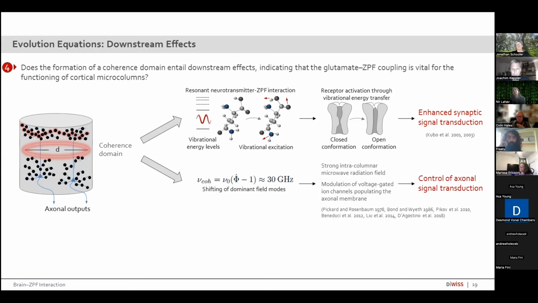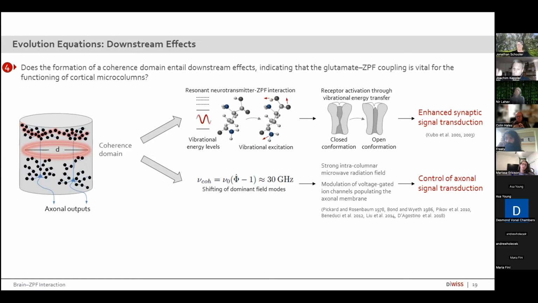And here we know from many, many studies that microwave radiation fields have a positive influence on the ion channels and on voltage-gated ion channels. So microwave radiation modulates voltage-gated ion channels populating the axonal membrane.